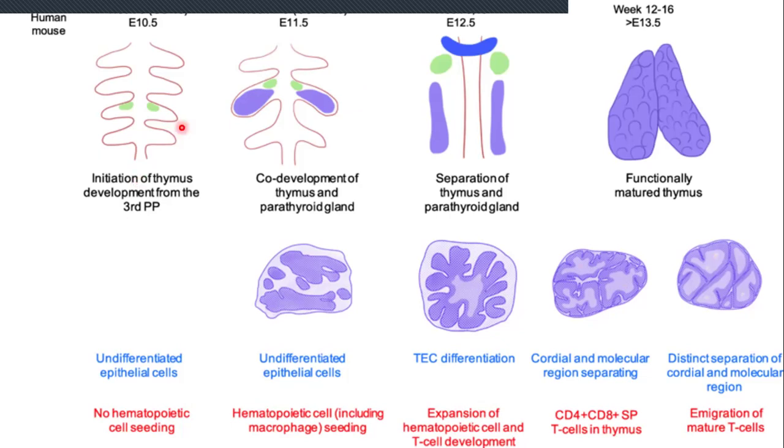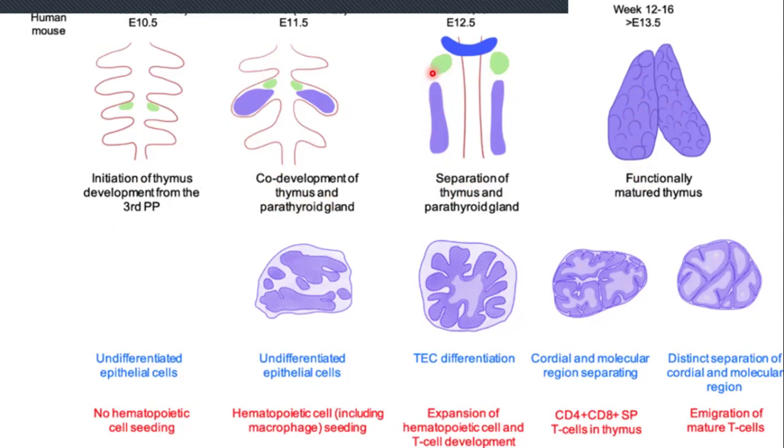So from the third pharyngeal pouch, you have co-development of both thymus and parathyroid, and then they separate. The thymus migrates caudally to the superior mediastinum to form this bilobed structure known as the matured thymus. Now, failure of this separation causes both of these to be located in the superior mediastinum.